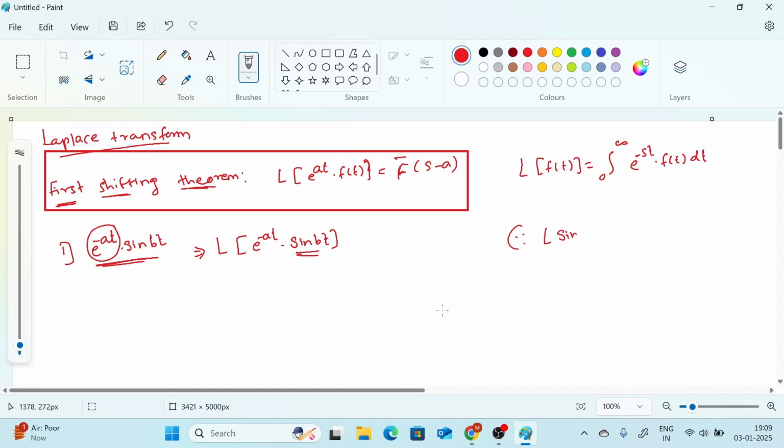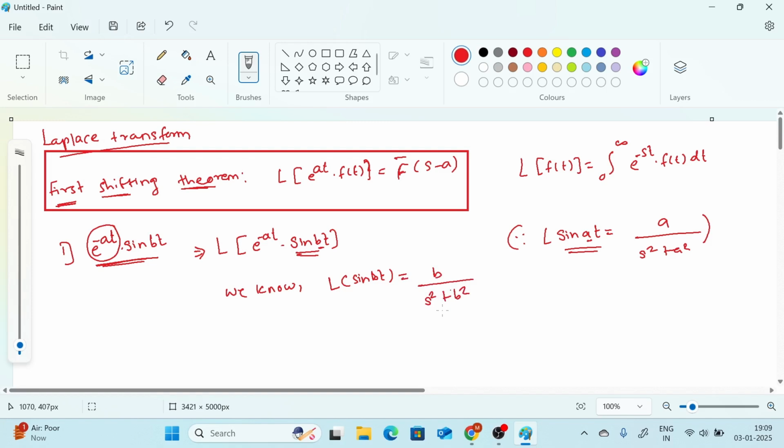Laplace of sine at is a upon s square plus a square. This is the Laplace of sine at we have, right? Only the term is, instead of a, here we have b as a constant. So what will we get? We know Laplace of sine bt is equal to b upon s square plus b square.